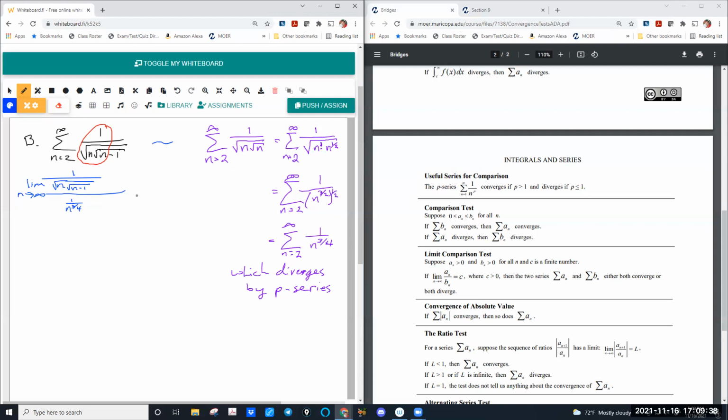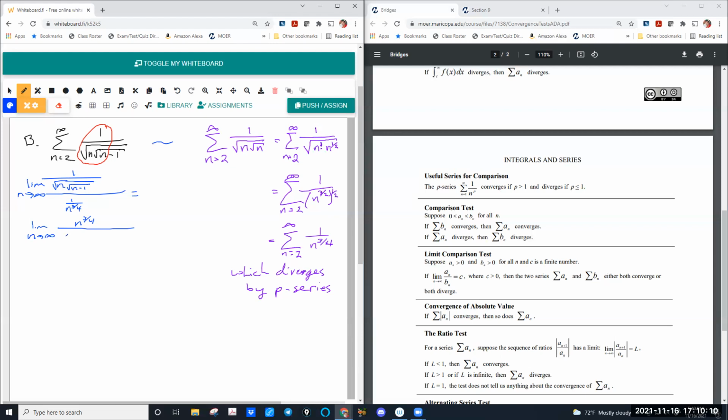So we have the limit as n goes to infinity of n to the 3/4 over... We might want to make a decision at some point if we want to keep these in terms of radicals or change them to fractional exponents.